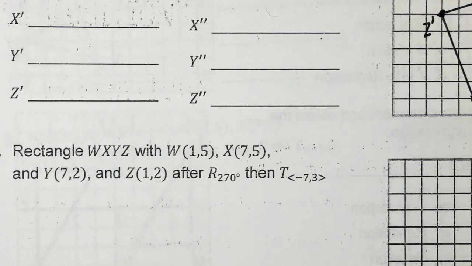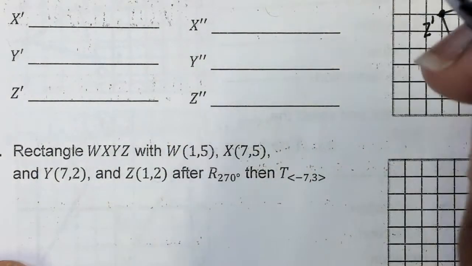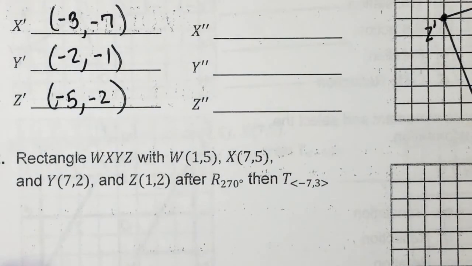But when we do these compositions later on, we're only going to ask you for the final coordinates of that final image after you do all of the transformations, not 2 different sets. Right now they're asking us for these, so it's (-3, -7), (-2, -1), and (-5, -2).